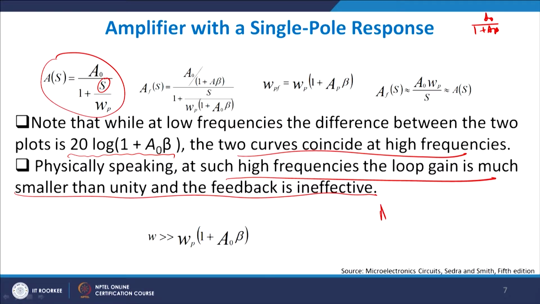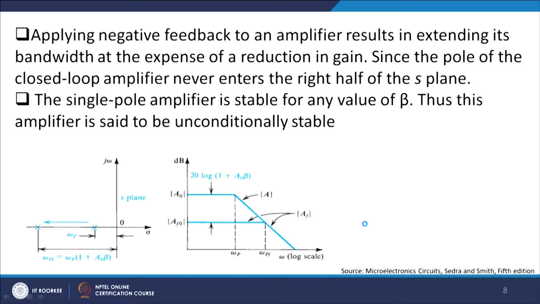If you remember it was A upon 1 plus A beta; at such high frequencies the loop gain, which is A beta, becomes much smaller compared to 1, and therefore your A_F, the gain with feedback, almost equals A, and it remains A for quite some time, and therefore the feedback is quite ineffective, right, and that is what we have learned through this discussion.